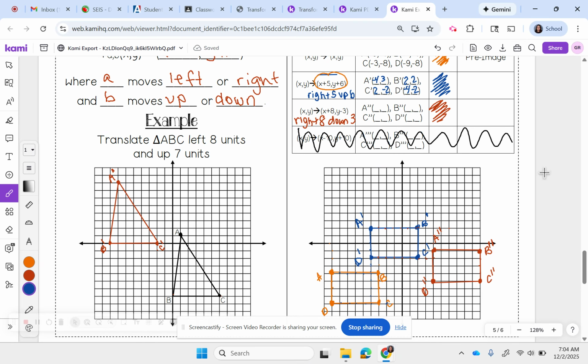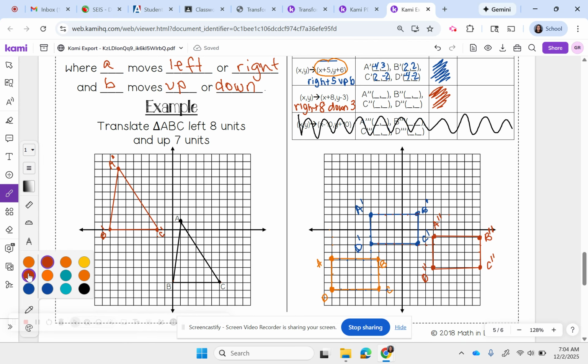And then for the last one, I have A is 1, 2, 3, 4 to the right, and then down 1, so that's 4, -1.